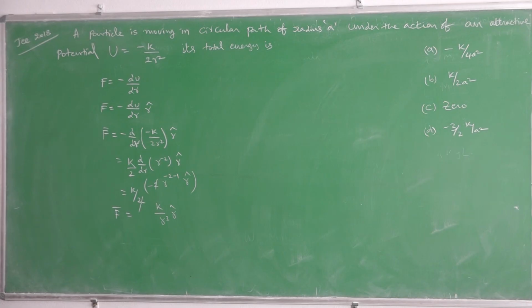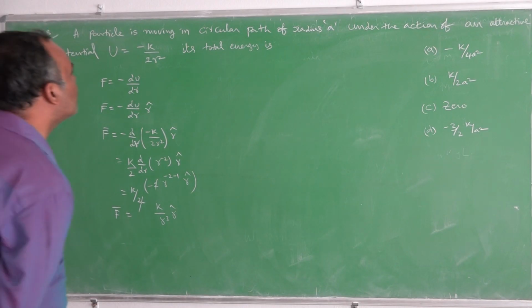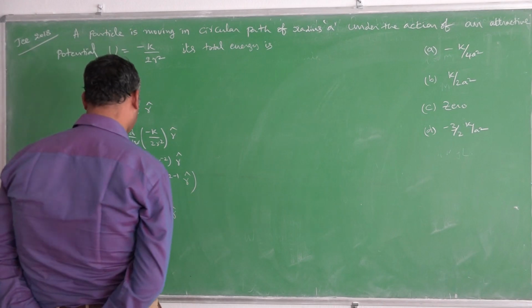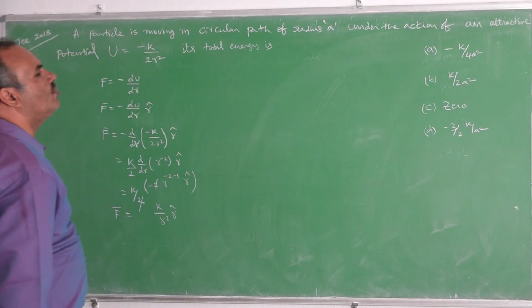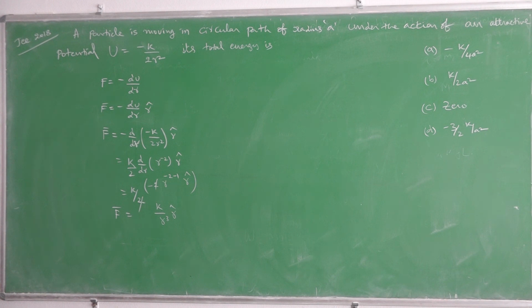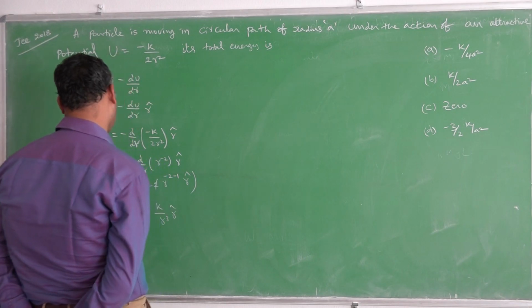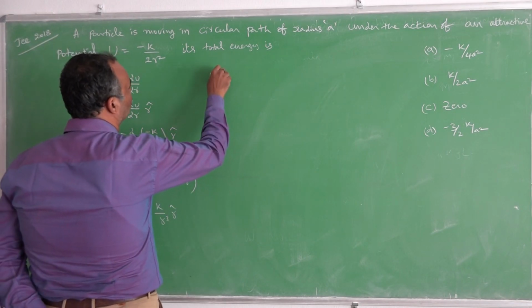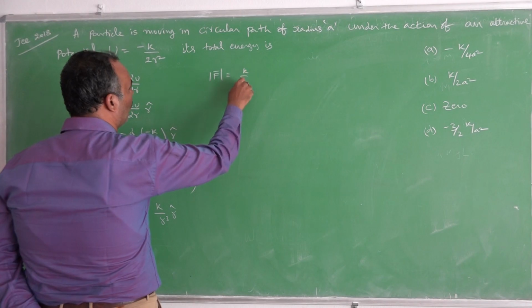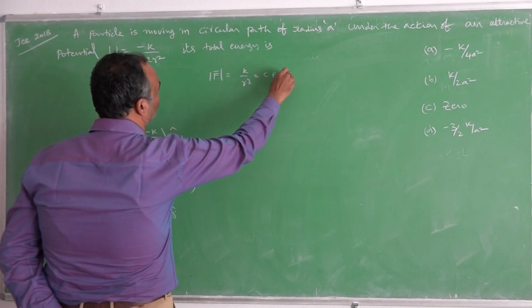Now we need to calculate the total energy. Total energy is the sum of kinetic energy and potential energy. They themselves gave potential energy. We are required to find kinetic energy. Generally, the particle is moving in a circular path of radius a, so the force acting on this will be the centripetal force. So the magnitude of force, k by r cube, is nothing but centripetal force.